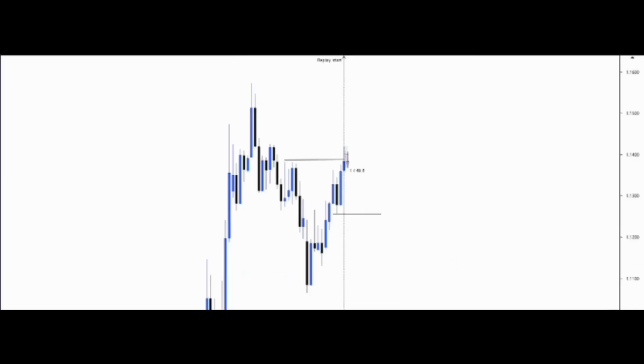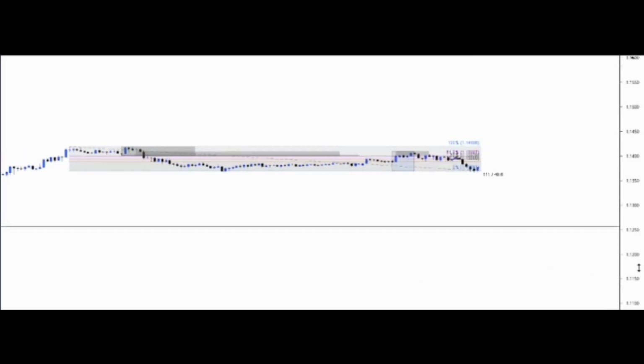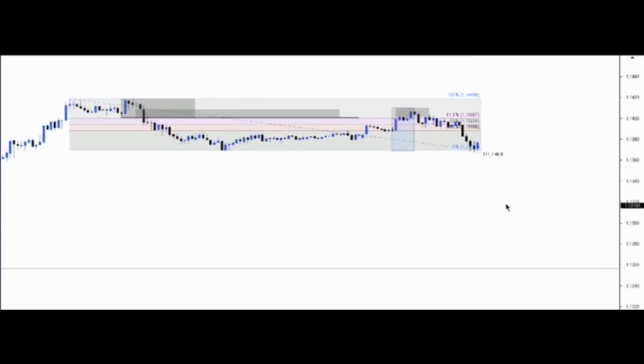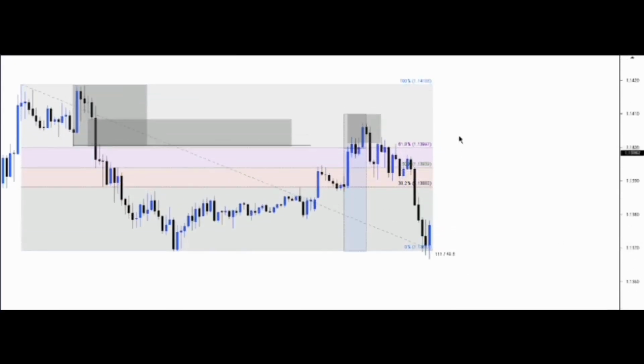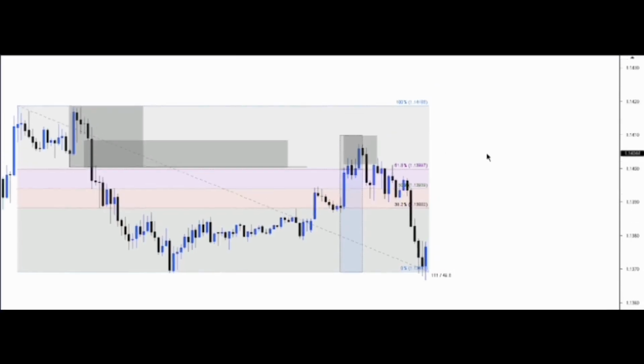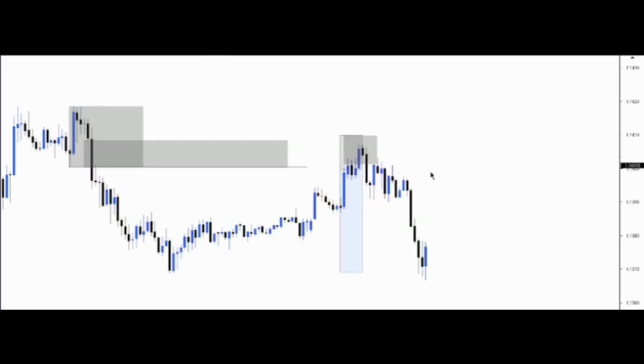So we go back to that 15M. So this is our 15M again. Let's take out this Fib tool so that it doesn't confuse us. Now price has printed this high again.